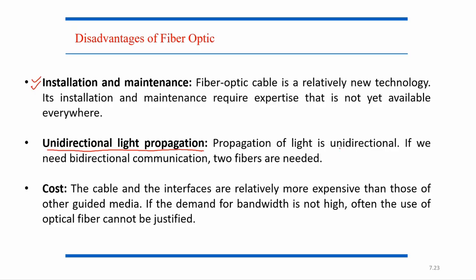That is one of the disadvantages. If we need bidirectional communication, two fibers are needed, which will be more costly. Also in terms of cost, it is relatively higher than coaxial and twisted pair, so optical fibers are relatively more expensive. This is one of the disadvantages of optical fibers.